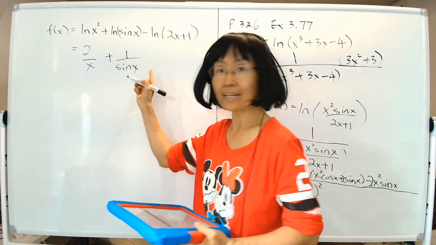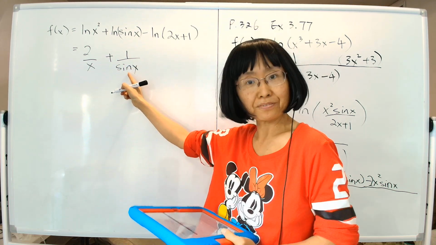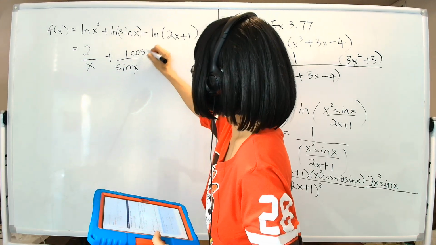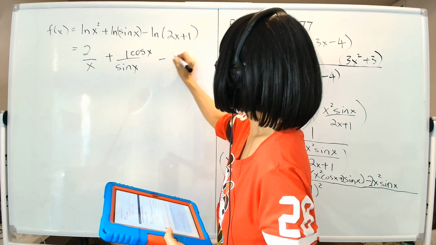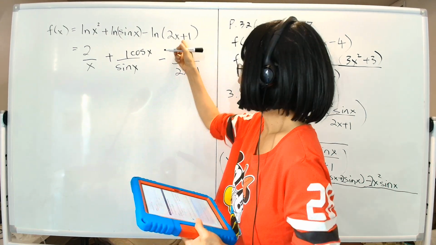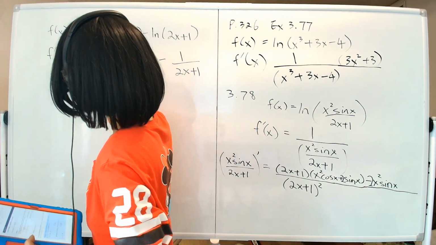First you write down 1 over the object, and then take the derivative of sine of x by the chain rule, which is cosine of x, and then minus 1 over 2x plus 1, times the derivative of that. f prime of x. I should write down that this is f prime.